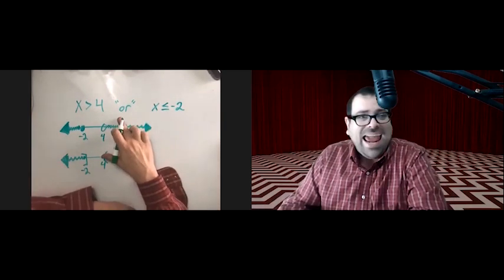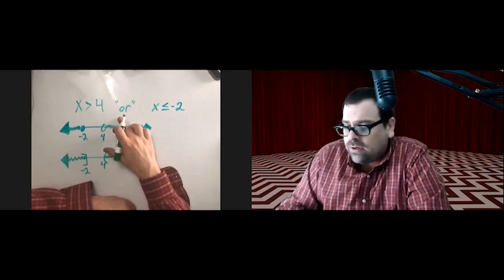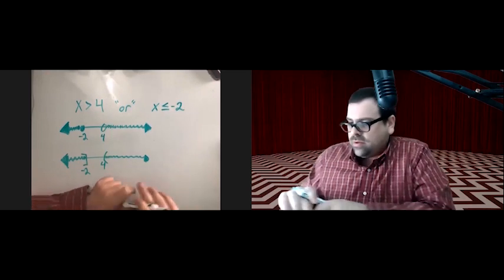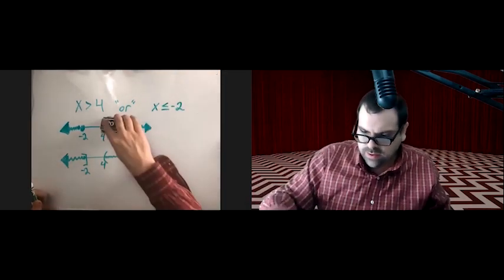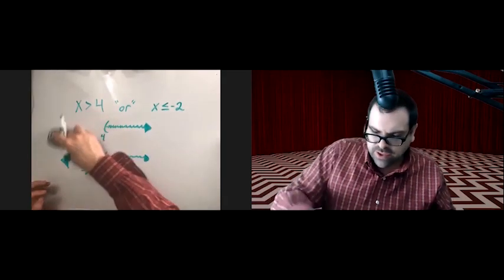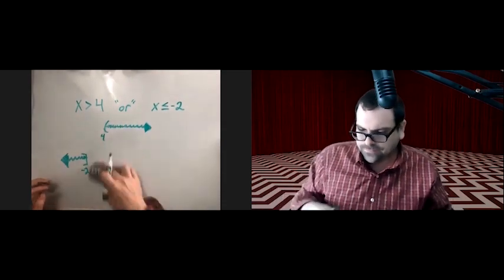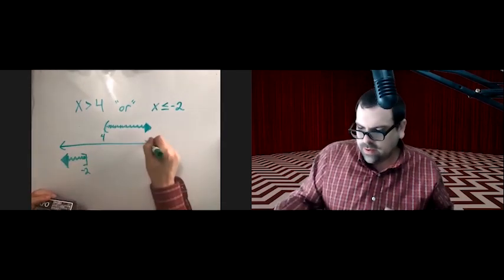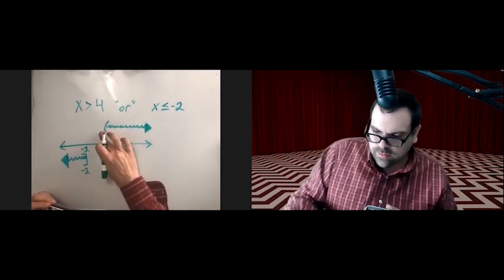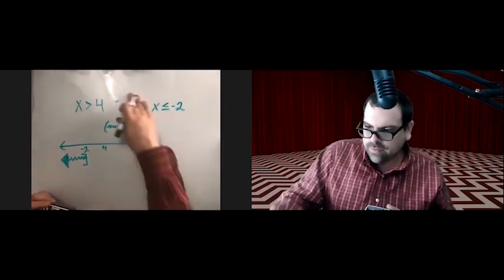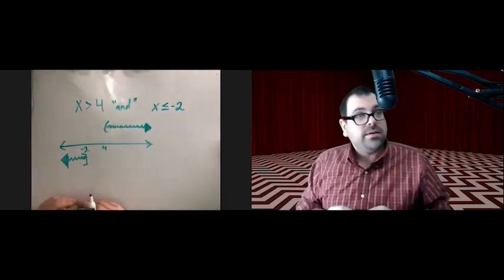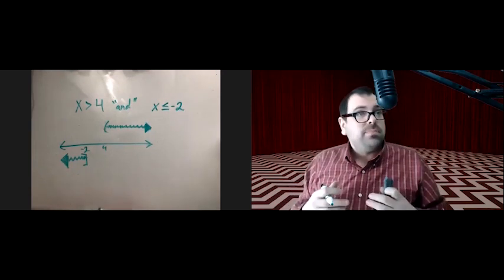Here, if this said and instead of or, then actually it wouldn't exist at all. Why? Let's imagine that we had an and statement. And is the overlap.